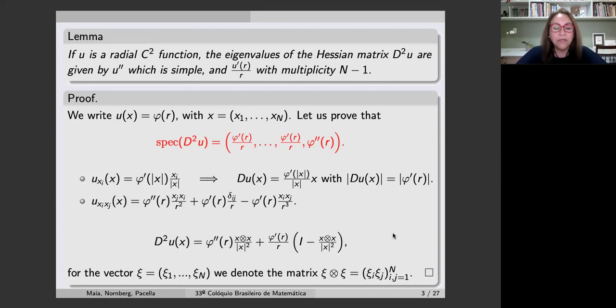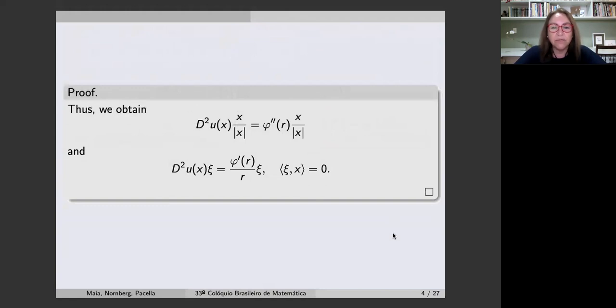Putting all the calculations together, we get that the Hessian matrix of u at x is given by phi''(r) times the tensor x by x divided by the norm of x squared, plus phi'(r) divided by r times the identity matrix minus the tensor xx divided by the modulus of x squared, where the tensor of a vector is the matrix with entries x_i x_j. So in this notation, if we apply this D^2u matrix to the vector x over modulus of x, we end up, after some calculations, getting phi''(r) times x over modulus of x.